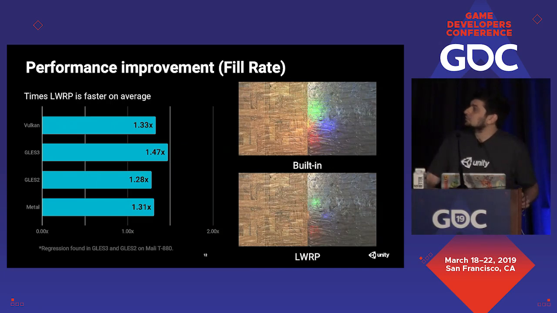So, okay, this is the fill rate test. This is basically comparing the physically based shading of lightweight compared to built-in. The first thing you might notice is that there's a slight difference in image, and it is because lightweight is doing physically based light attenuation, so it's more physically correct, while the built-in pipeline is doing light attenuation based on the light range.